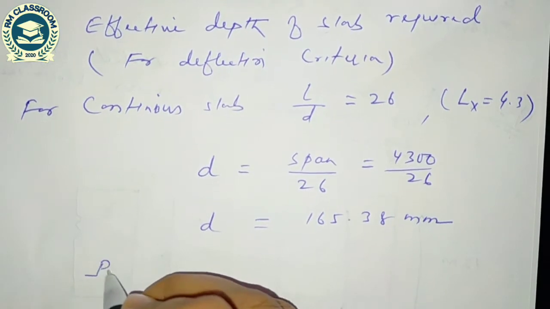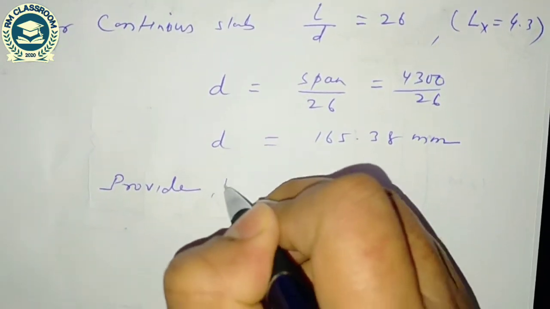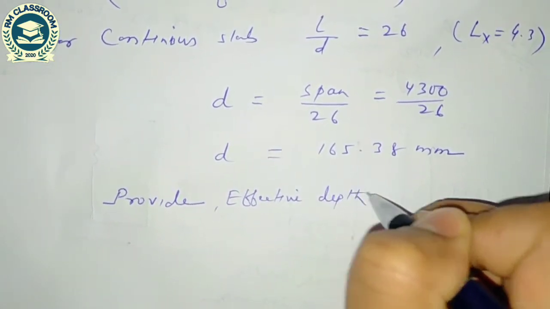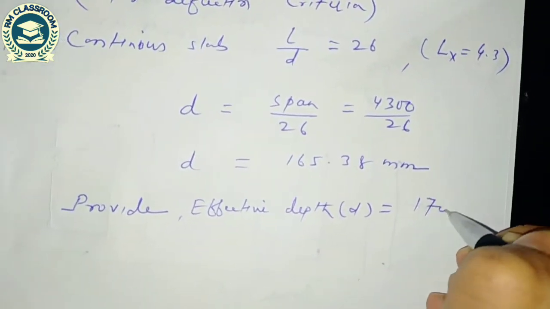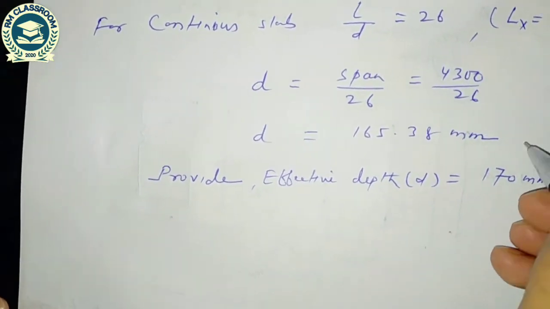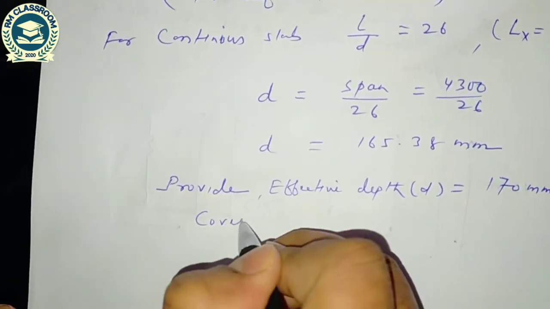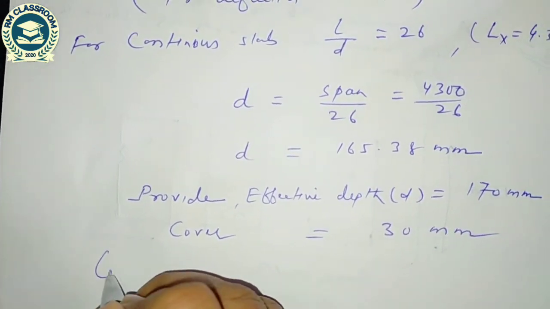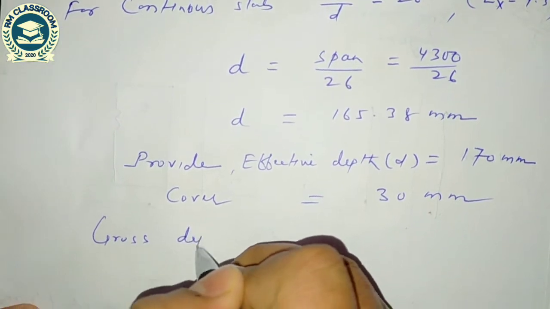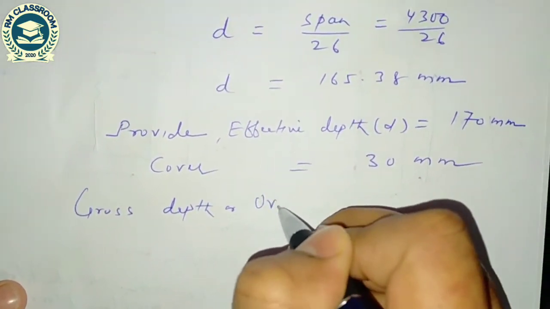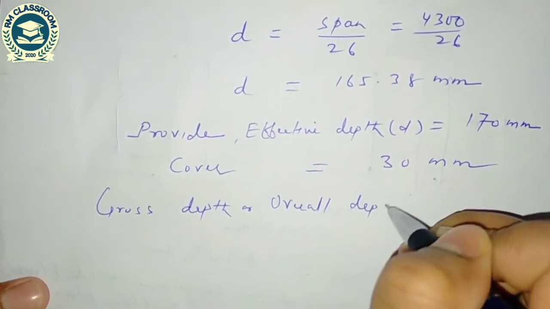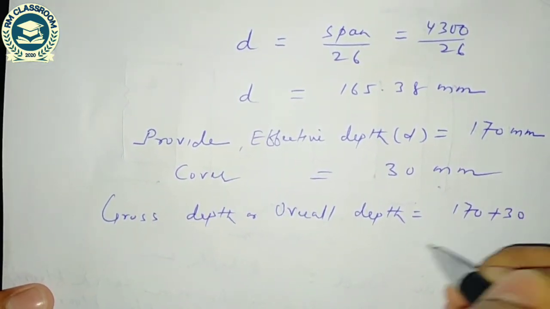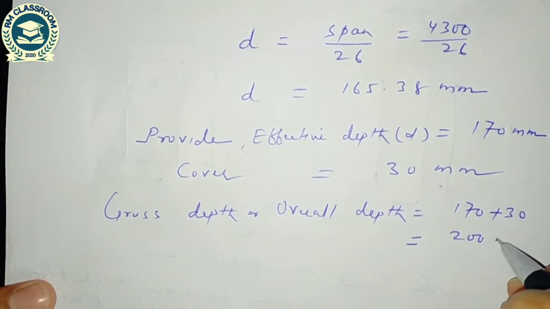So provide effective depth d equal to 170 mm, and the cover I have assumed for the slab is 30 mm. So the gross or overall depth is equal to effective depth plus cover, so 170 plus 30, that is 200 mm.